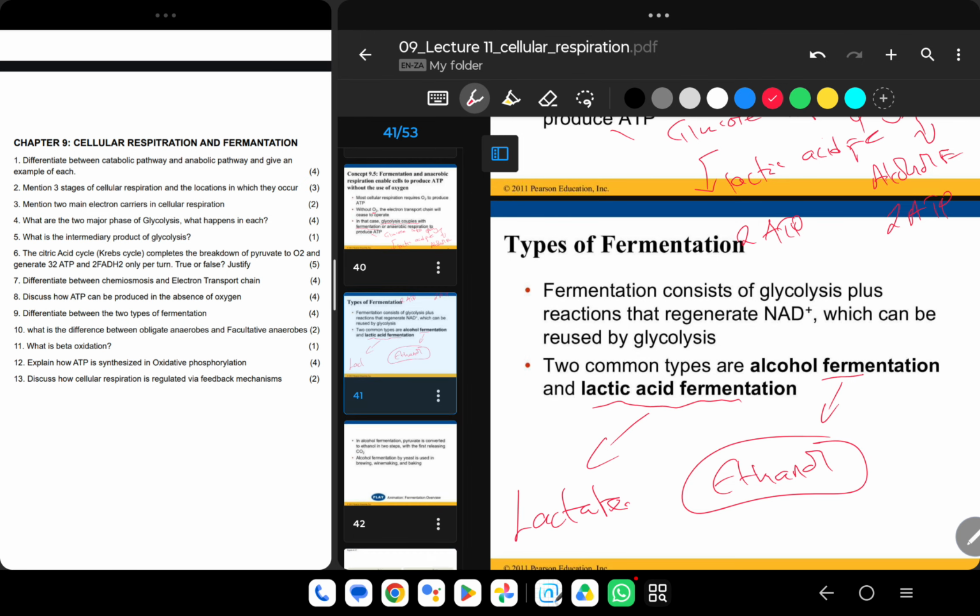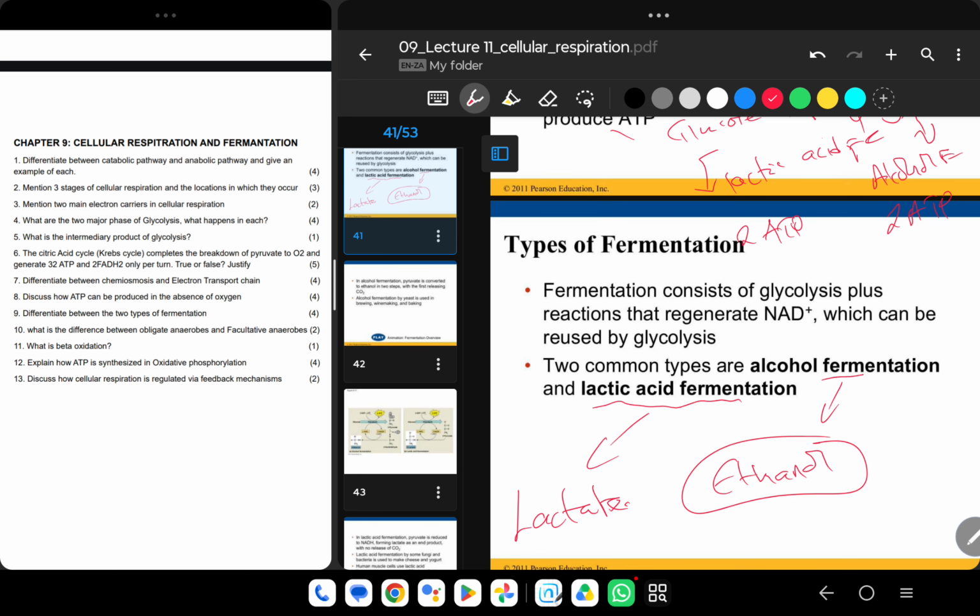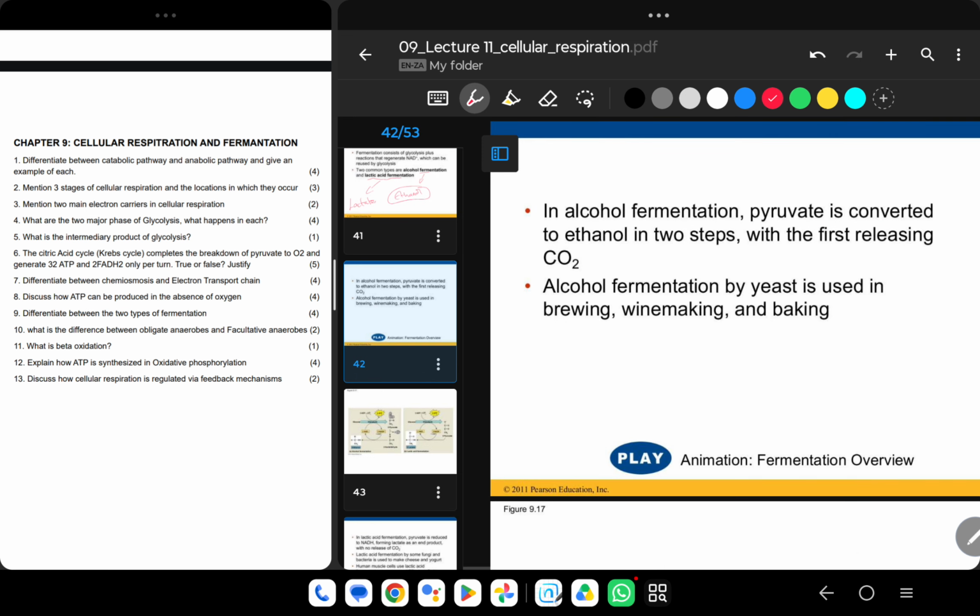So now let's look further into it and see what they are all about. Like we said, in alcohol fermentation, pyruvate is converted to what? To ethanol, right? An example of this alcohol fermentation can be using yeast in brewing, winemaking, or baking.